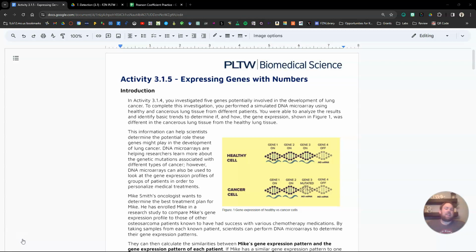Now, in this case, we're going to take a look at something called a gene expression pattern and at how we can use numbers to determine how similar each patient is to each other, and therefore, if one treatment works on one patient, then it should work on a patient with similar gene expression.